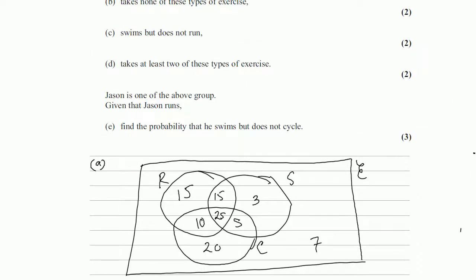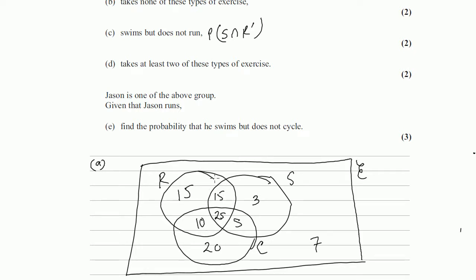Question number C. In question number C, they say they swim but do not run. Swim intersection R prime, that is the probability they're looking for. So if people swim, it is this, but if they do not run, then this region must be removed.